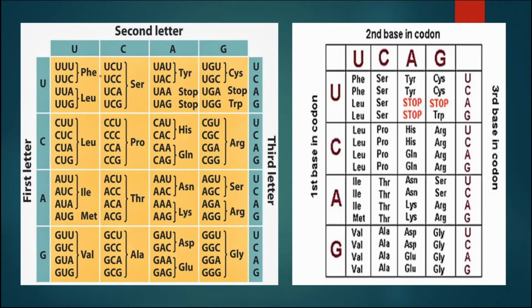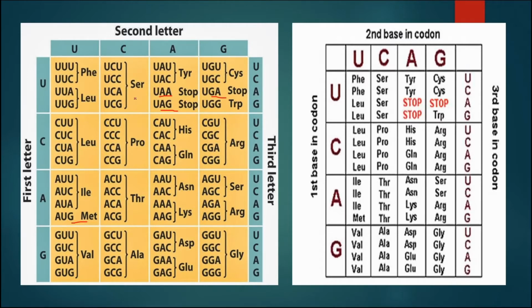Now out of these 64 codes, 3 are UAA, UAG and UGA, which are known as stop codons, and they will help in termination. And AUG is the initiator codon, which is also coding for methionine.